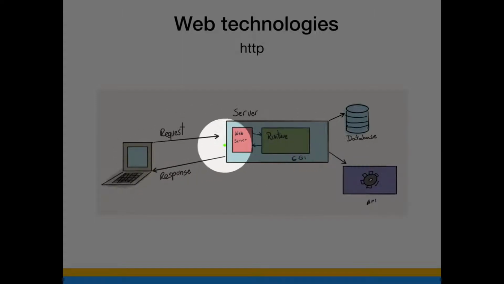In the server, typically, there is the static content handling, which is more like a web server such as Apache or Nginx. This part doesn't have the capacity of running any particular code.